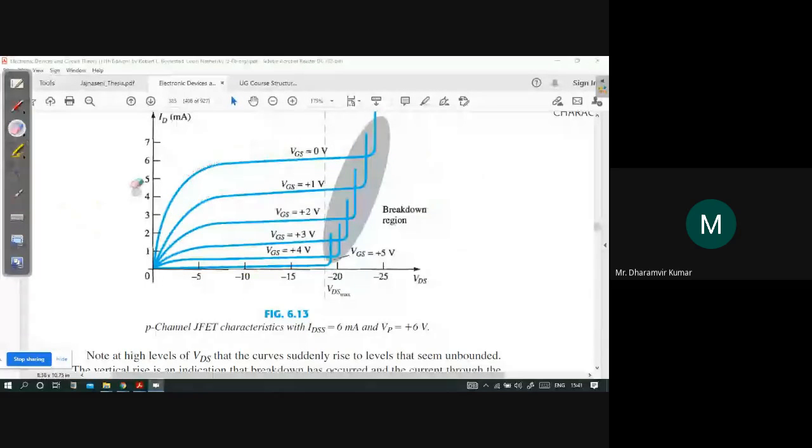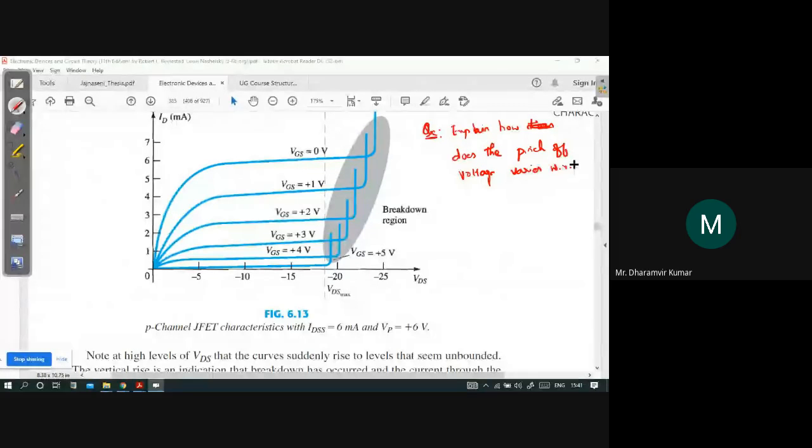a homework question here. Just note down this question. Explain how the pinch off voltage varies with respect to VGS, let's say for N channel JFET.